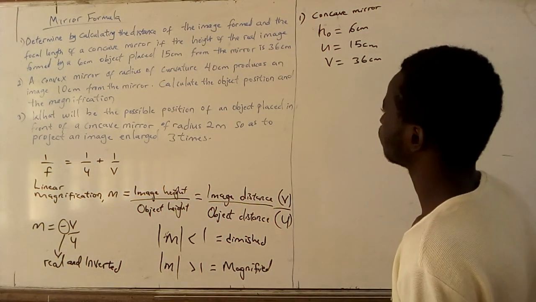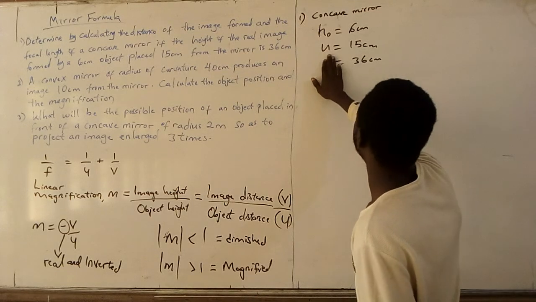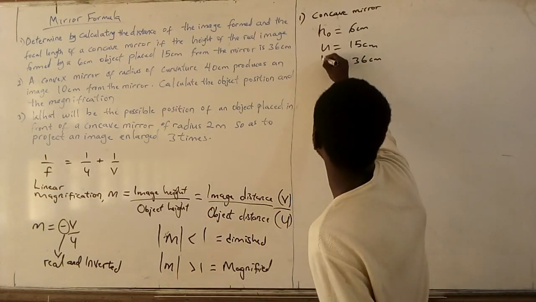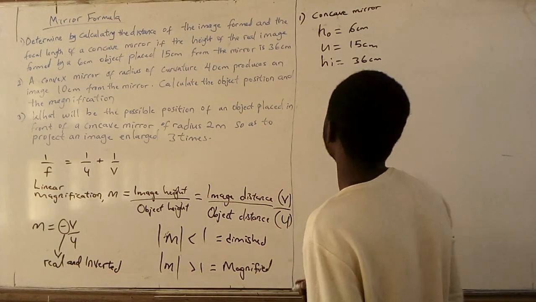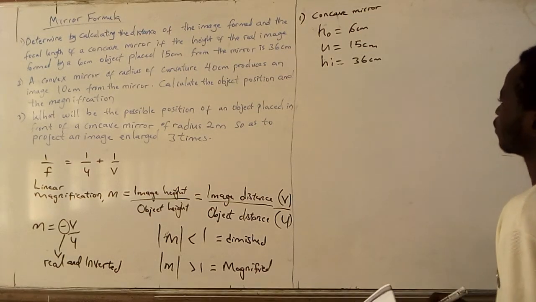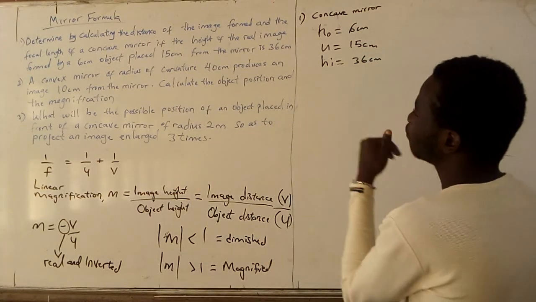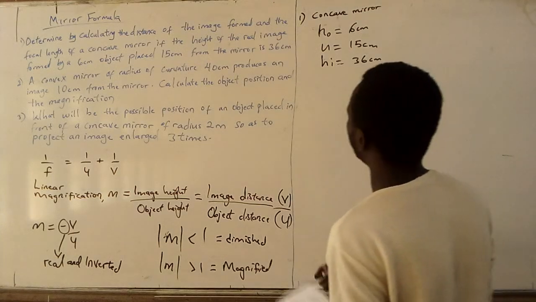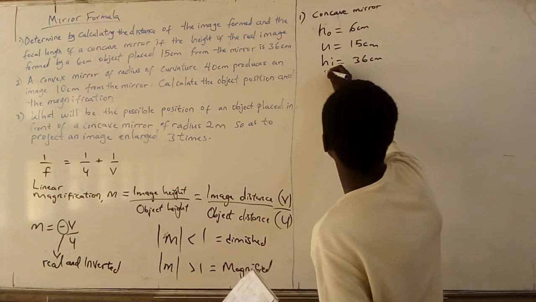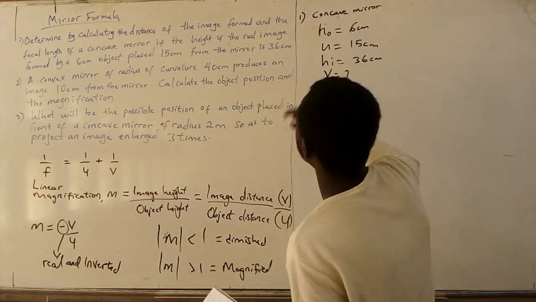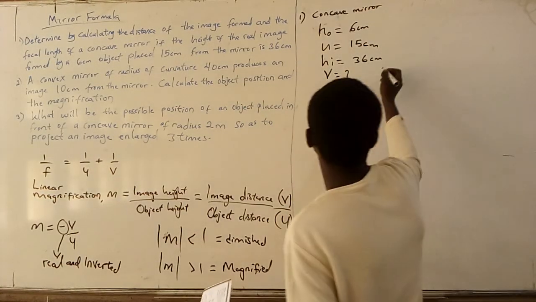So this is the image height, that is image size. We are determining by calculating the distance of the image, so we are looking for V, the image distance, and also the focal length.